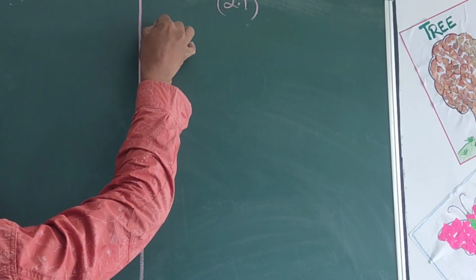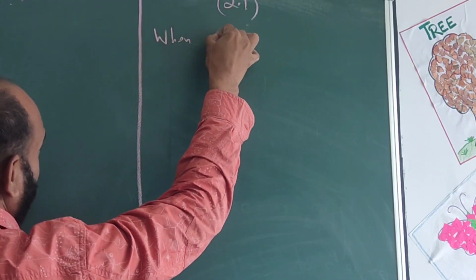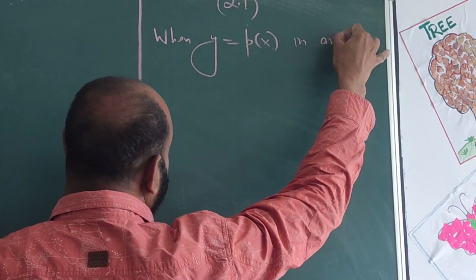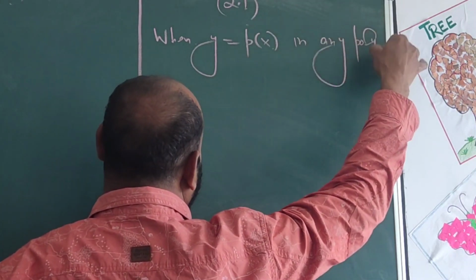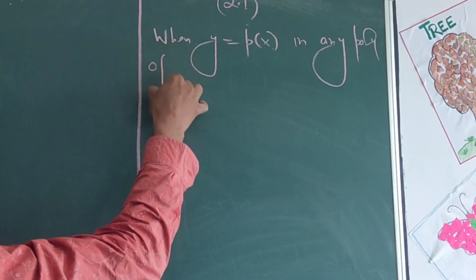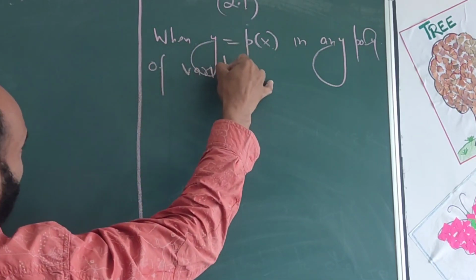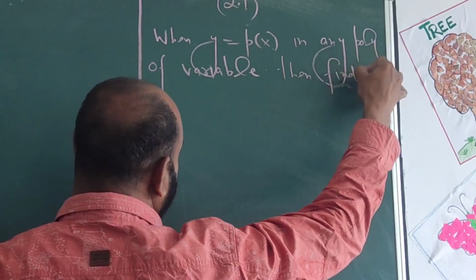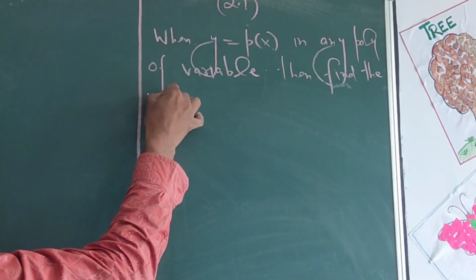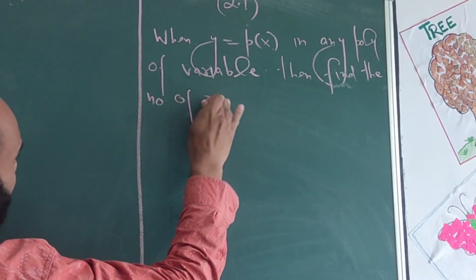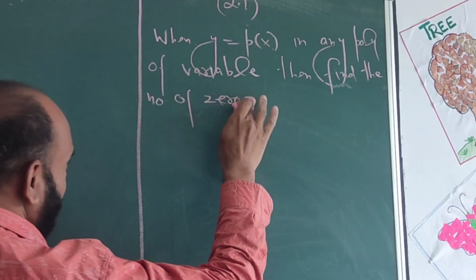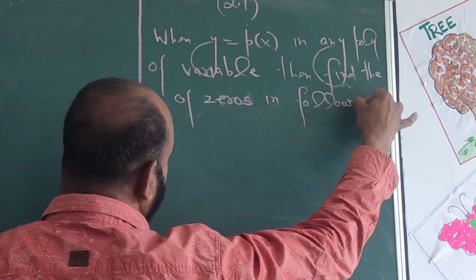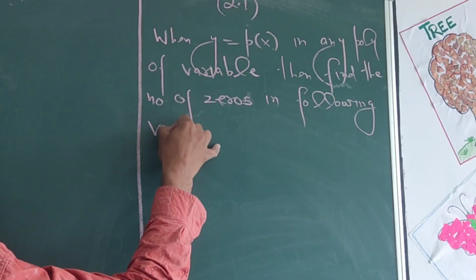So first of all, when y is equal to px, any polynomial of variable x, then find the number of zeros in the following various situations.